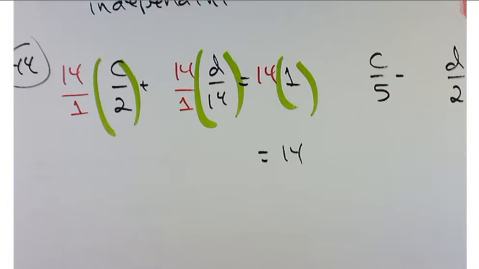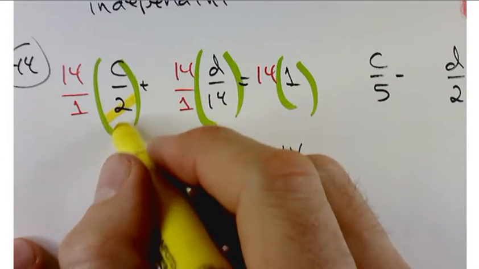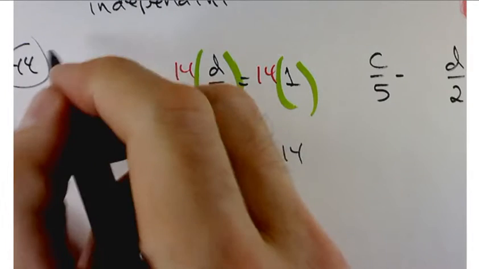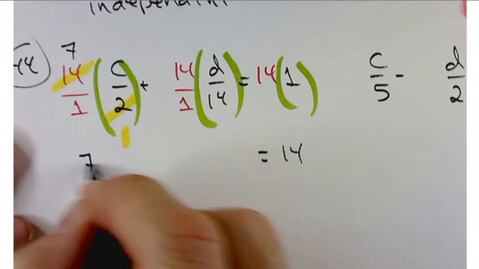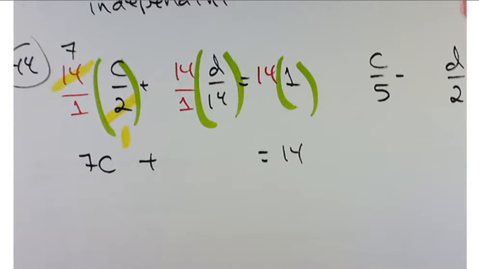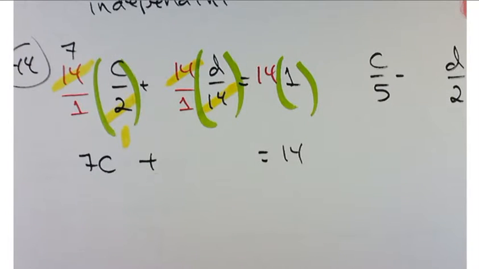All right, so on the left-hand side, let's see if we can't do some more simplification. Well, there's a 2 here. 2 goes into 2 once and into 14 how many times? 7 times. So I end up with 7c plus what? Yeah, 14 here cancels out altogether, so it's 7c plus d. Okay, that looks a lot better.